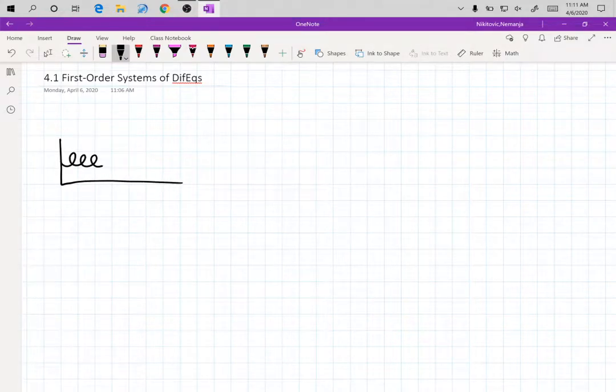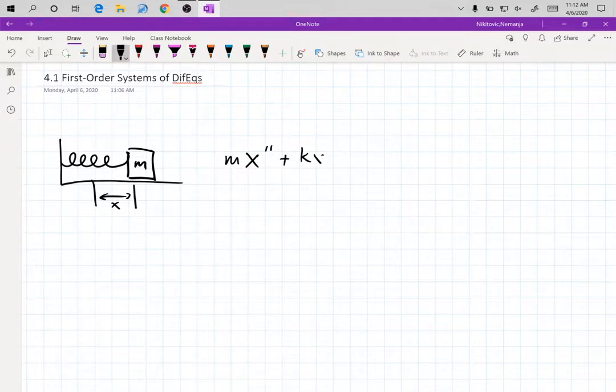So, if you have a single system, with a spring and a mass, we've seen that your displacement x was measured with mx double prime, let's not use the dash pot, so there will be no c, plus kx equals some f of t. So there was the system, and I did not put the dash pot in, so therefore there is no c.